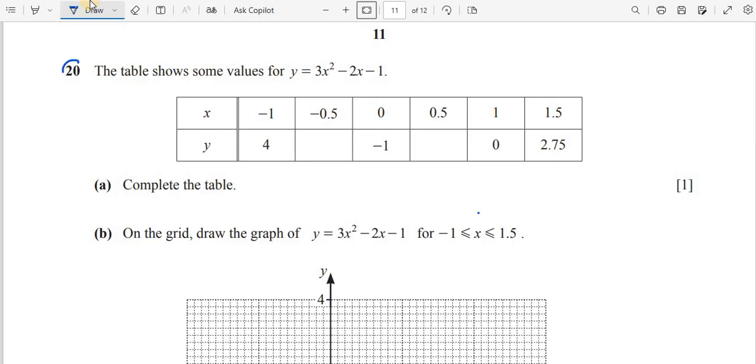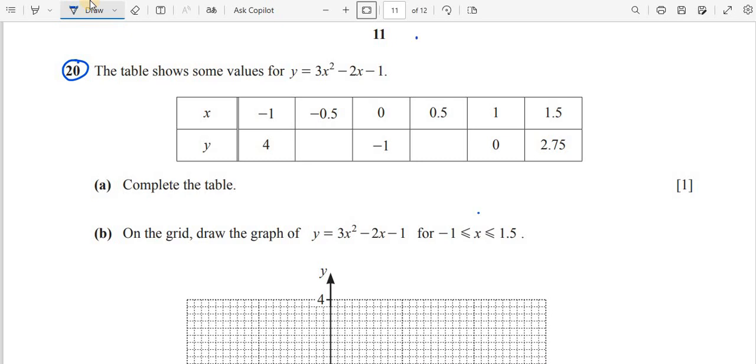Question number 20. The table shows the values of y is equal to 3x squared minus 2x minus 1. This is the table. We find the values of y when x is equal to minus 0.5. Put here x is equal to minus 0.5.